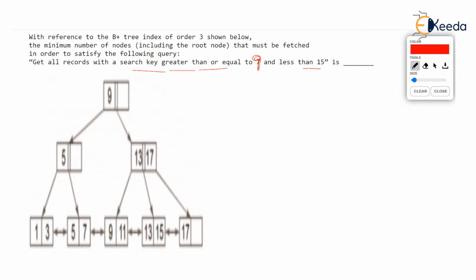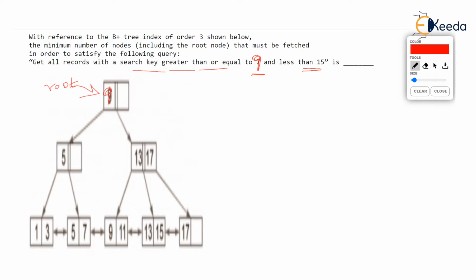So if you want 9 or equal to 9 and less than 15, your search will obviously start with root, correct? And the root node is storing 9. So I hope you are understanding that this 9 is stored again in one of the leaf nodes, and we have to reach that leaf node, and only then we can announce that 9 is found.